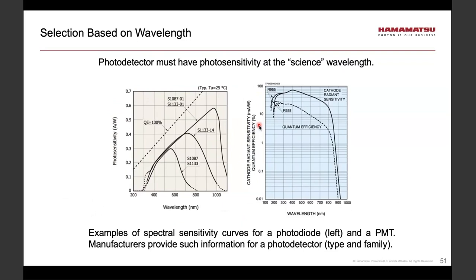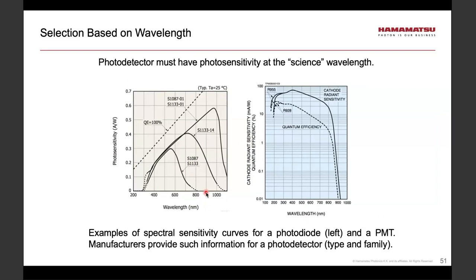So, selection based on wavelength. If my science light, for example, has a wavelength of 900 nanometers, currently this is a plot of photosensitivity as a function of wavelength. So the photodiode S1087 would not work because it has no sensitivity at 900. So the first choice is to consider a photodetector that has non-zero response to a given wavelength of the science light.